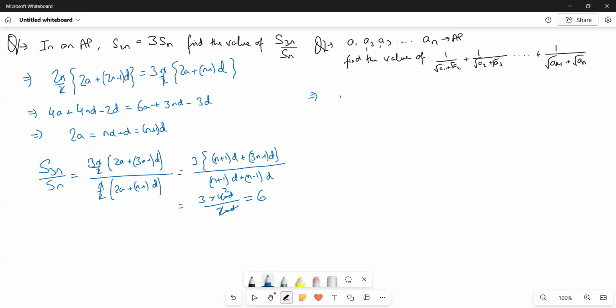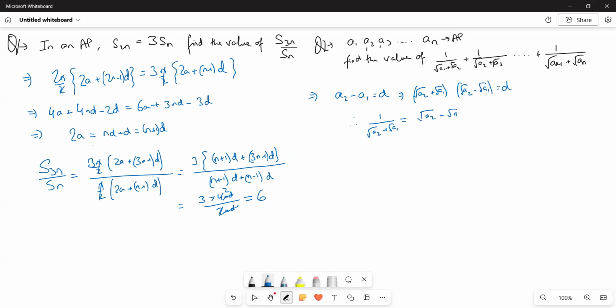So the mechanism of solving this question: if A1, A2, A3 are in AP, we get that A2 minus A1 will be equal to D. But A2 minus A1 can be written as root over of A2 plus root over of A1 into root over of A2 minus root over of A1 is equal to D. So therefore what would be the value of 1 by root over of A2 plus root over of A1?